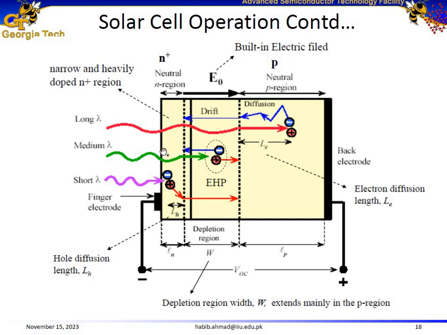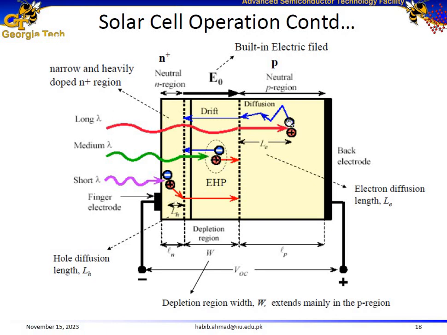The electron moves towards the n-type layer and the hole moves towards the p-type layer. Consider the long wavelength. We know that long wavelength has a small absorption coefficient, meaning higher absorption depth. So long wavelength travels deeper into the semiconductor device, resulting in the generation of an electron-hole pair. Now this electron would travel towards the left and the hole would travel towards the right.